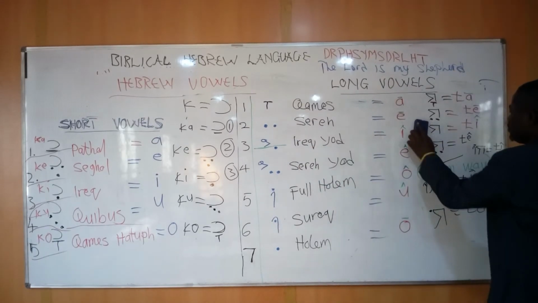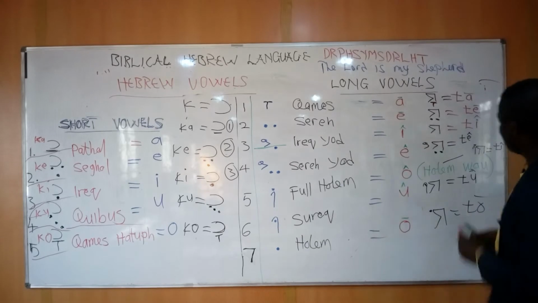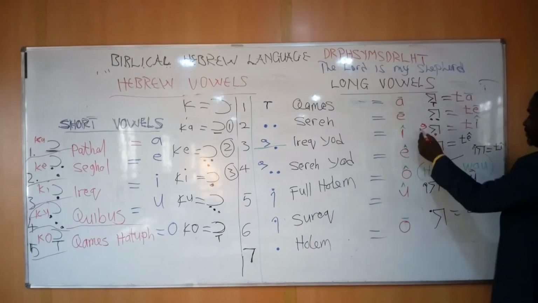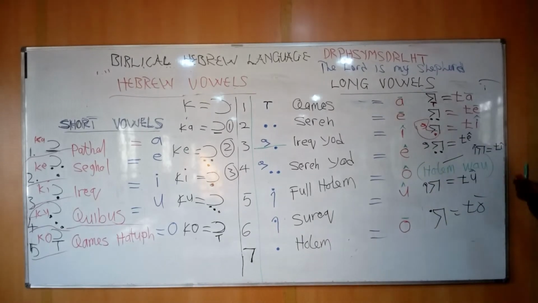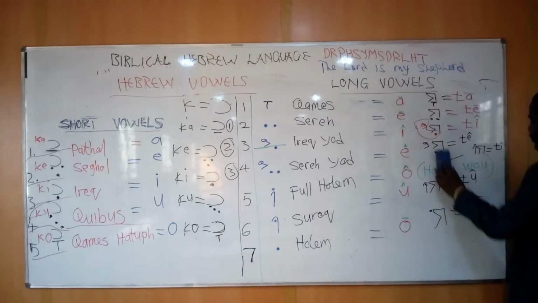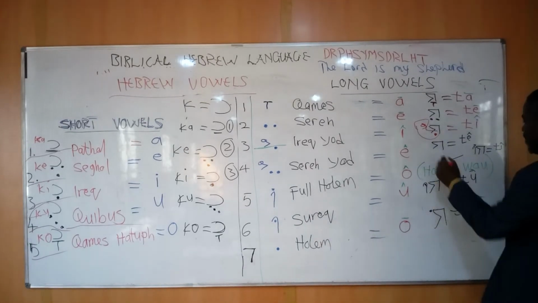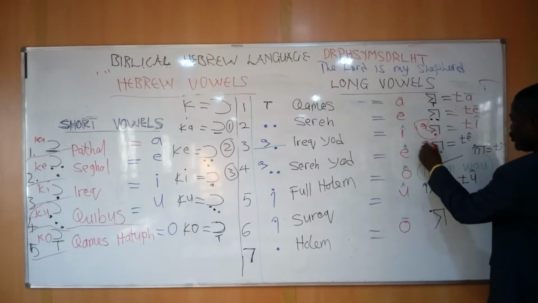Let me use another pen for you to understand. This is irekyod. So all of this is just an I. Tau, then make it te, sere, yod.